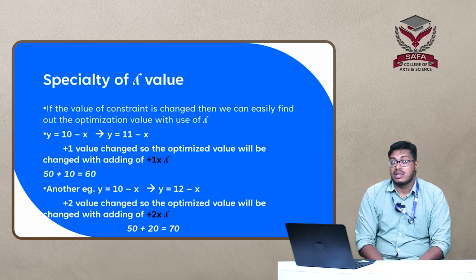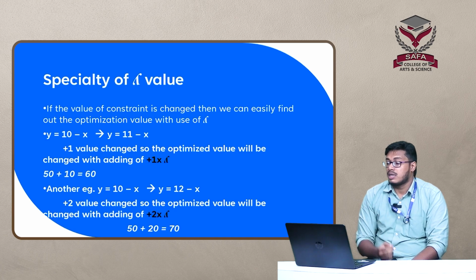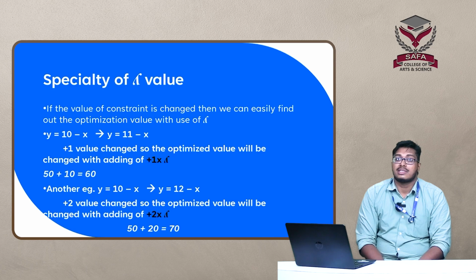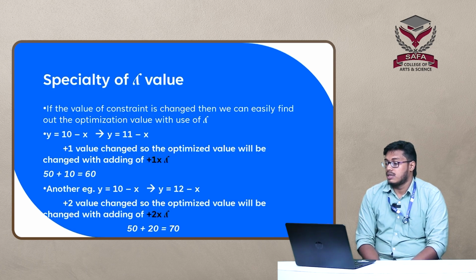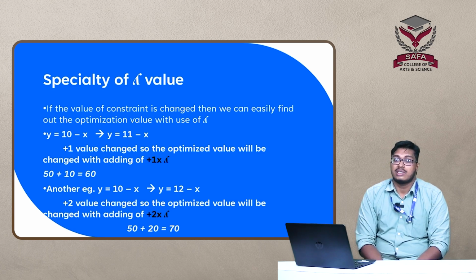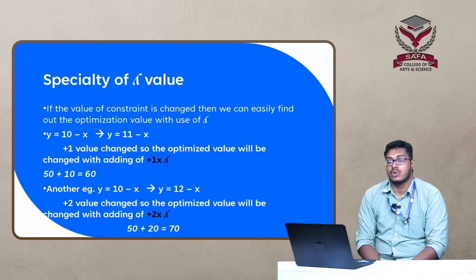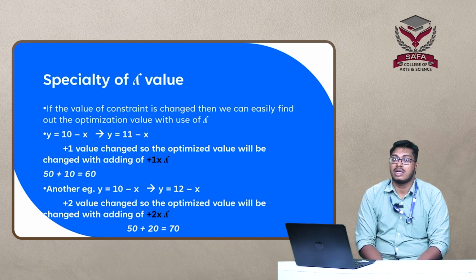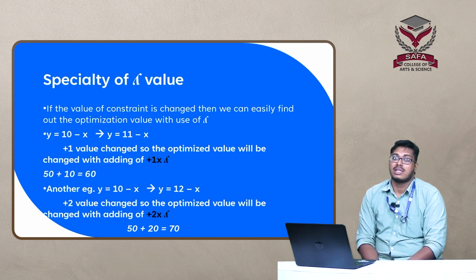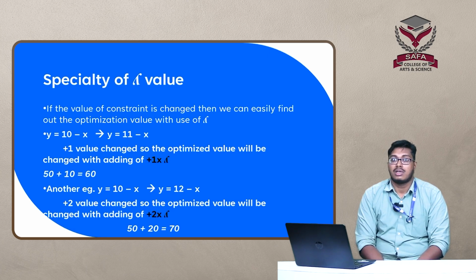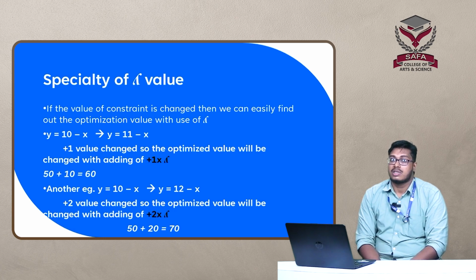In another example, when the constraint equation changes to y equal to 12 minus x, plus 2 value is changed. So plus 2 into lambda, plus 2 into 10 is equal to 20. The 20 will be added to the initial optimized value 50. Then we get 70 as the new optimized value.